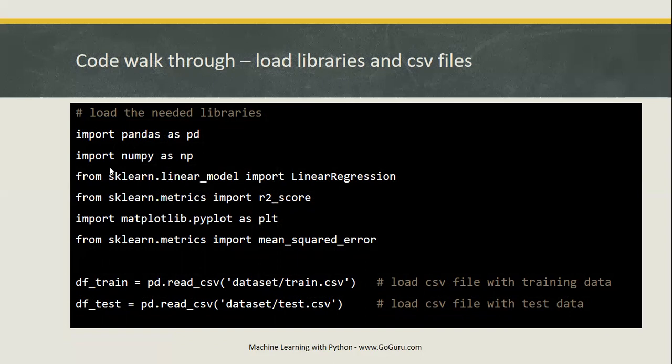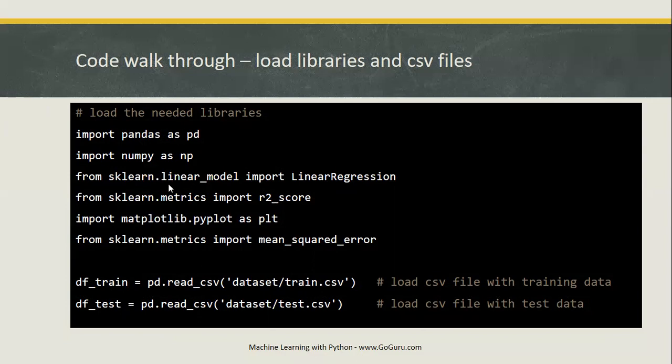So the first few lines, if you look at all the inputs, these are loading the binaries that are needed for our model. So the first library, maybe some of you are familiar, but I'll just run through them a little quick. The pandas library is used to load your CSV files, and NumPy is used for some arrays that we are using.